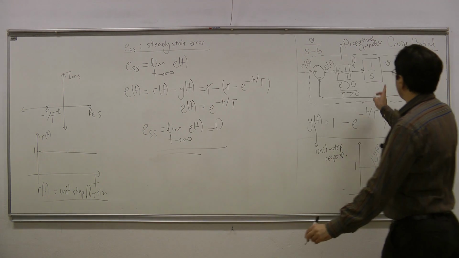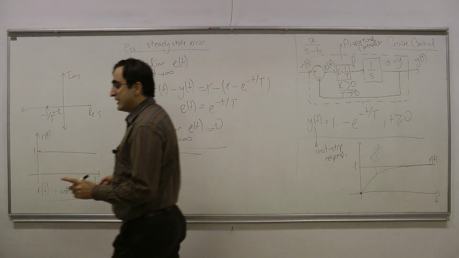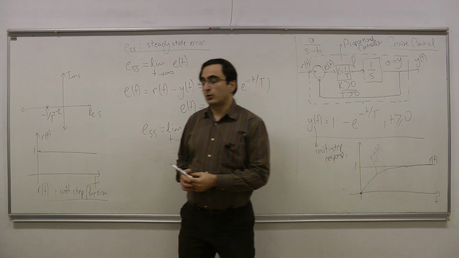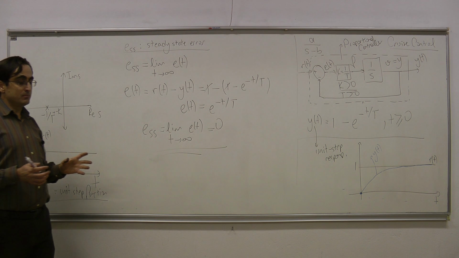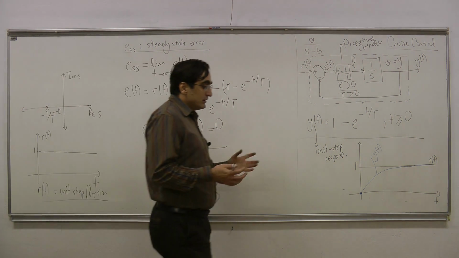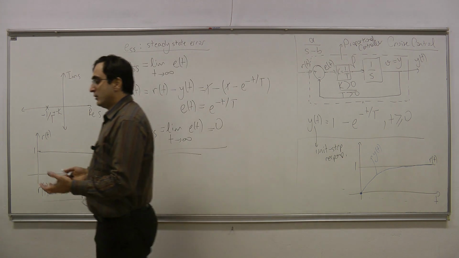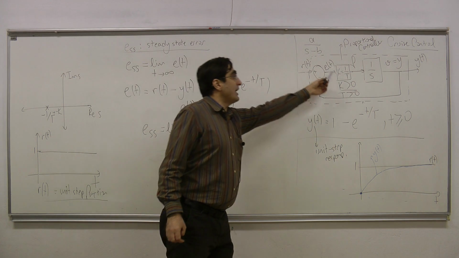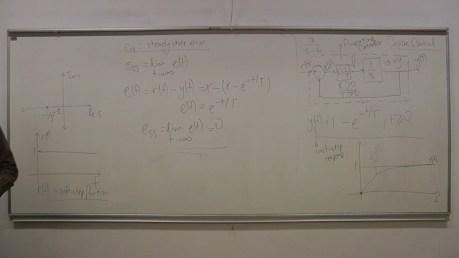So such a control system has 0 steady state error, which means that this controller, this is the proportional controller that we are using, is achieving its aim in a very good manner as time goes to infinity. Okay? So this means that this controller is achieving its aim asymptotically as time goes to infinity. Okay?